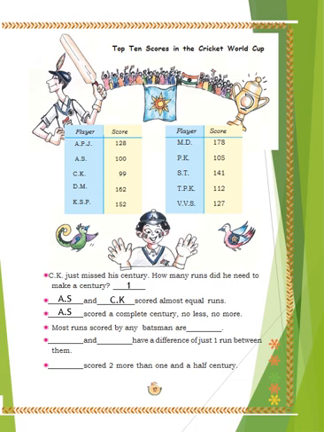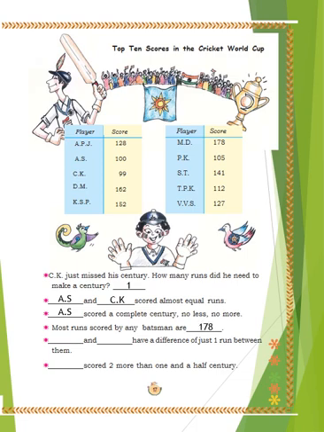The next fill in the blank is most runs scored by any batsman. Here we have to find out the most number of runs scored by a player. MD's score is 178 runs, which means his score is the highest score among the players.